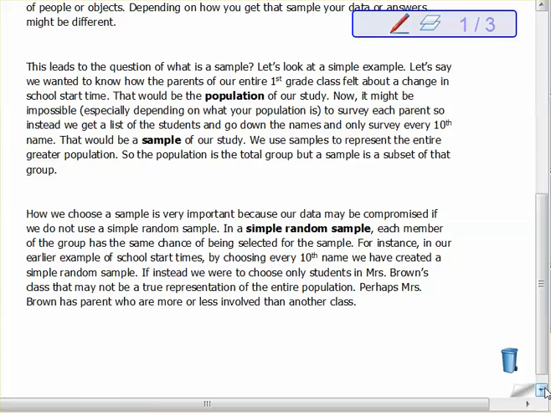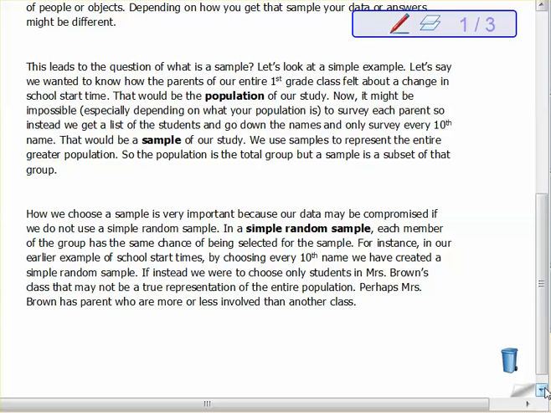So they would have a completely different idea than some other parents, maybe in Mrs. White's class, that maybe her entire class has parents where one of the parents doesn't work, and so they could take the kids to school no matter what time school started.